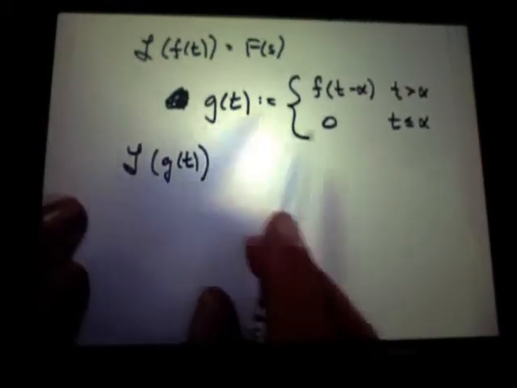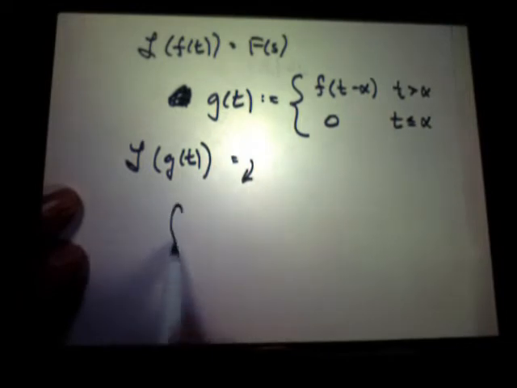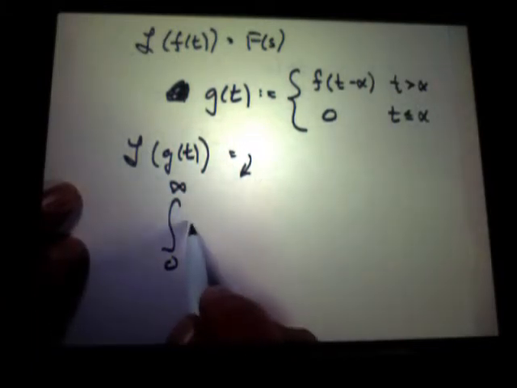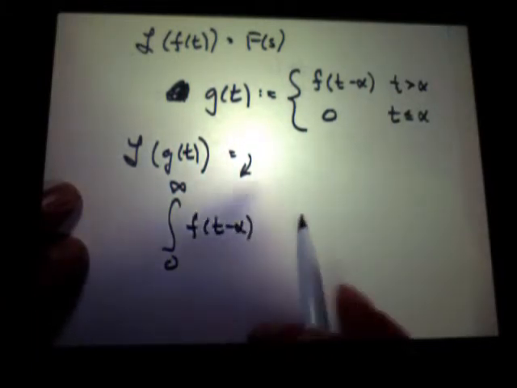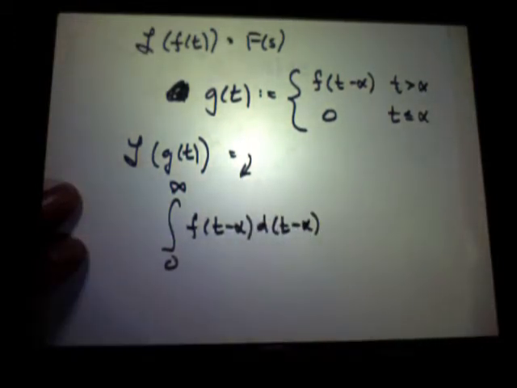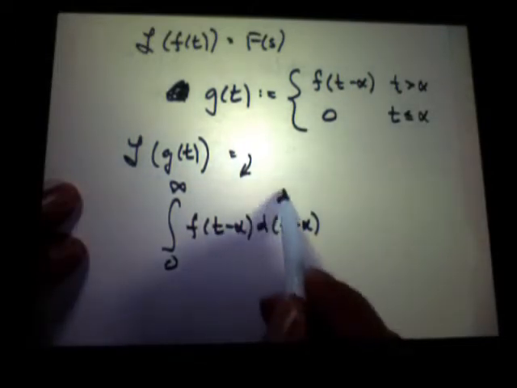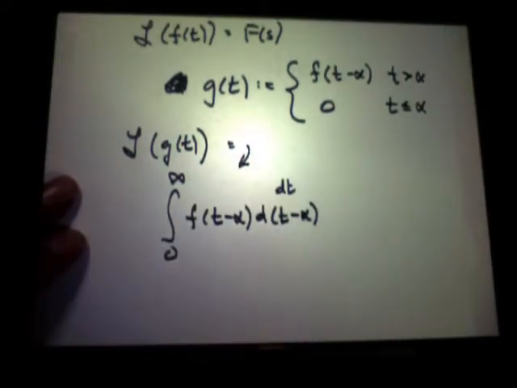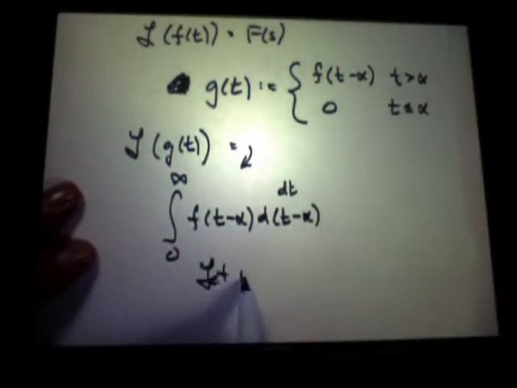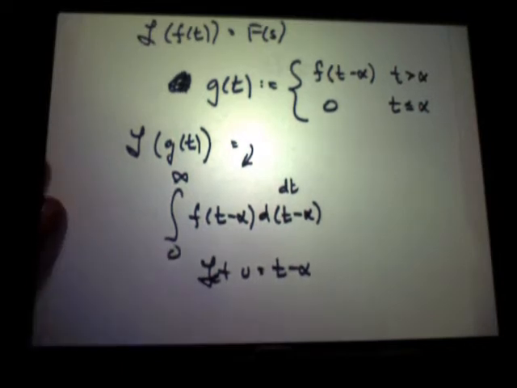Well, let's plunk this into the definition. This would be the integral from 0 to infinity of f of t minus alpha, d t minus alpha, right? Alpha is a constant, so that's the same as dt. And now can we do a transformation of variables? Do we have to split the integral from 0 to alpha and alpha to infinity?